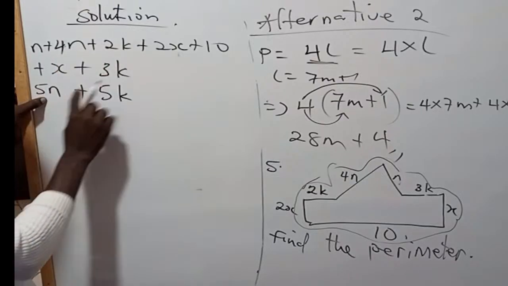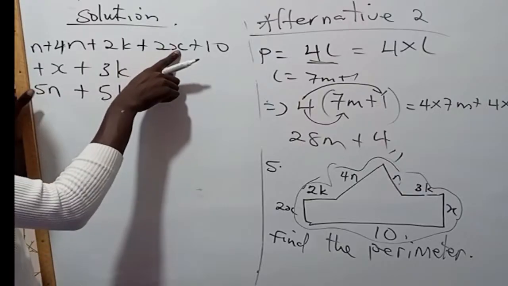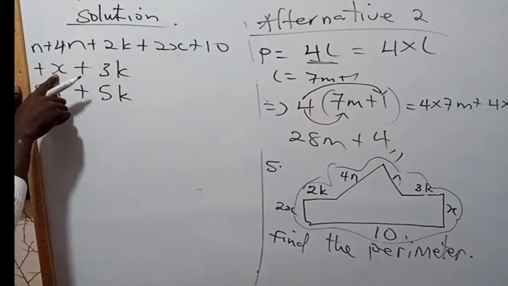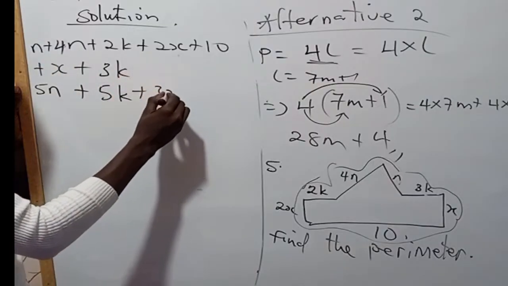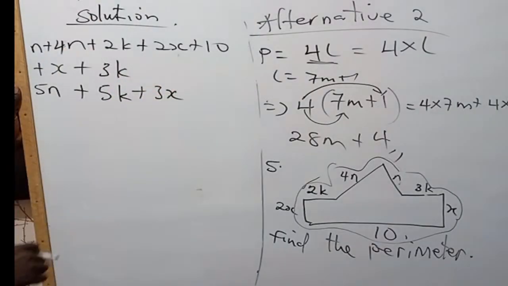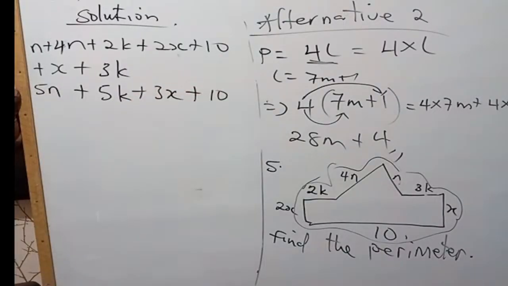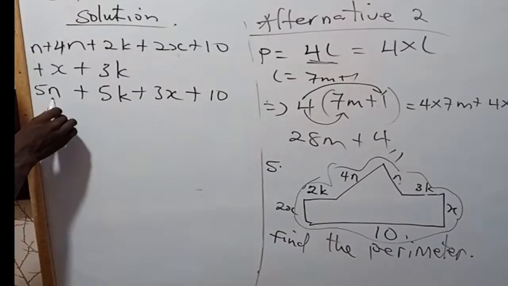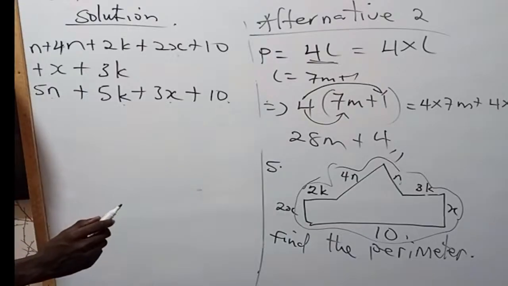We are done with n, we are done with k, we are left with x. So we have 2x and x, right? 2x plus x, which is 3x. Then we have plus 10. Now, the same pattern: n, k, x, and this one doesn't have any variable.